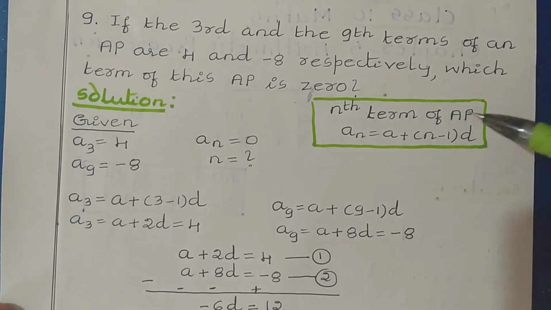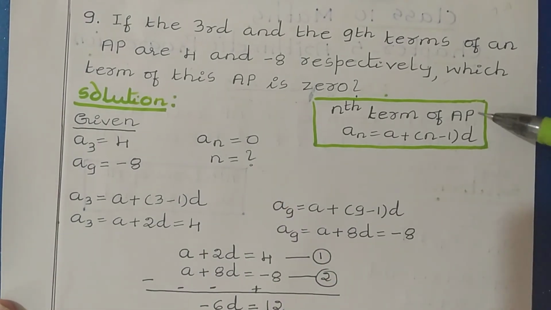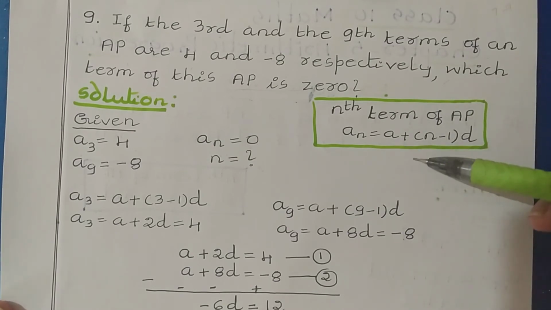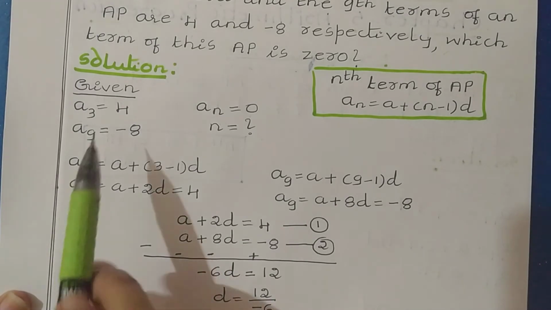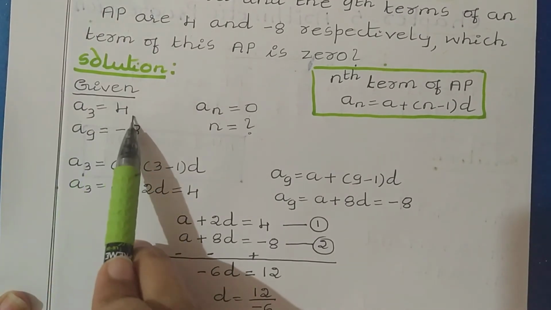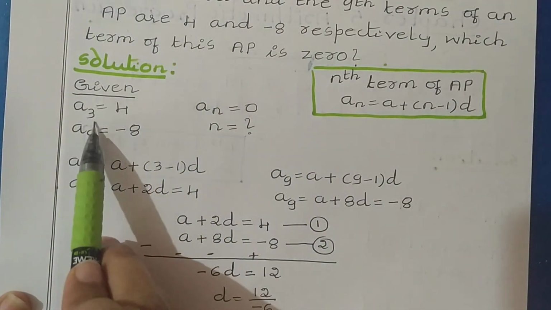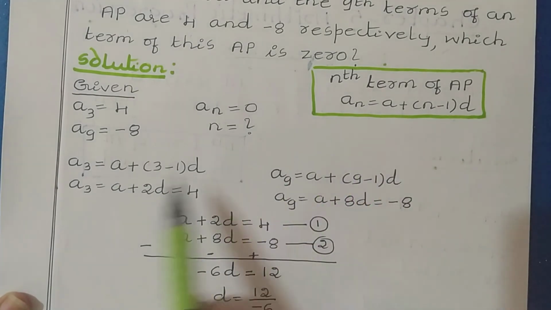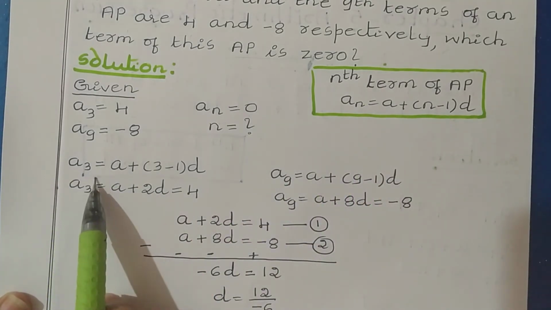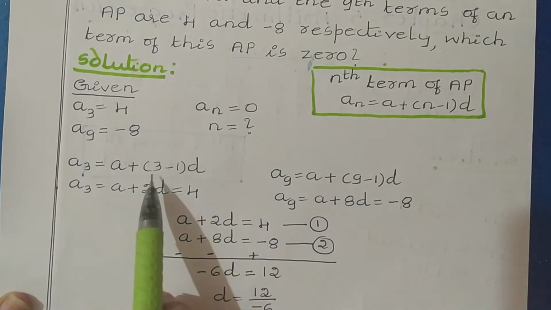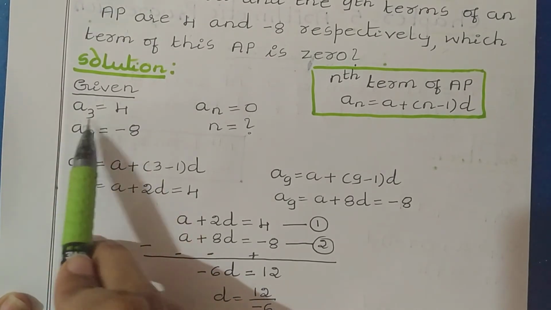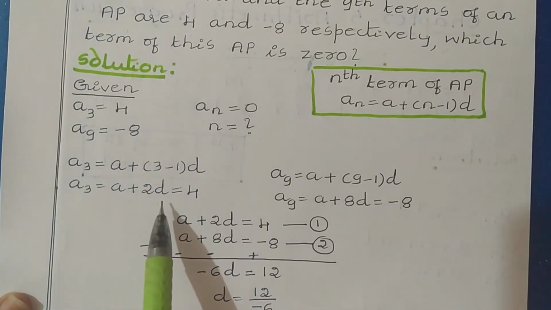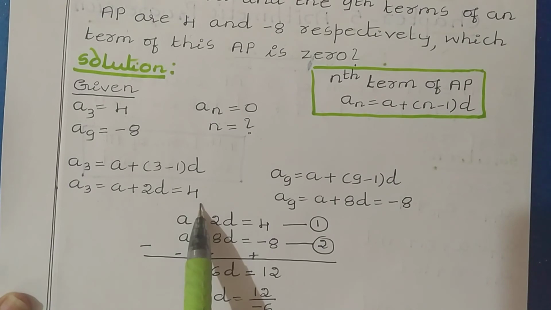First, let us use the formula for the nth term of an arithmetic progression, an is equal to a plus n minus 1 into d. First here we know a3 is equal to 4. Substitute n as 3 in this formula, then we get a3 is equal to a plus 3 minus 1 into d. a3 is equal to a plus 2d. a3 is 4, so a plus 2d is equal to 4.